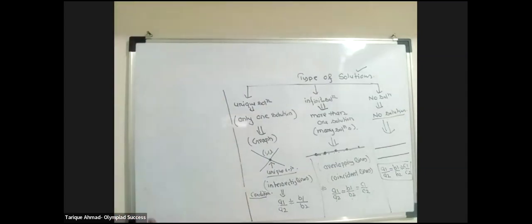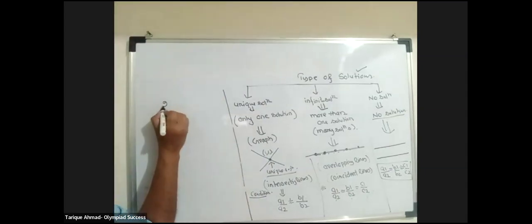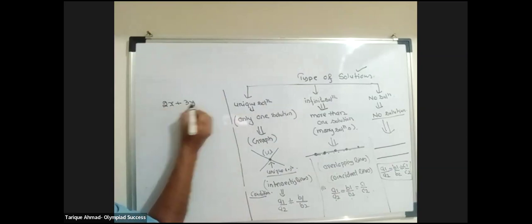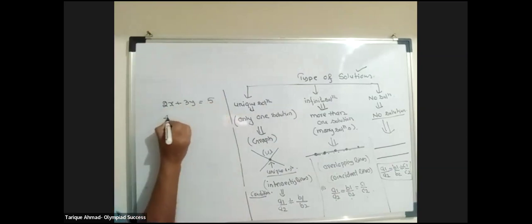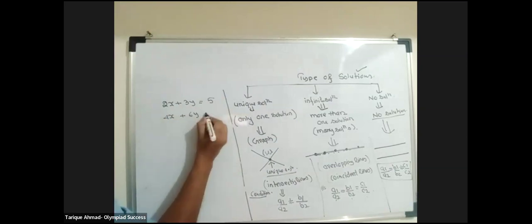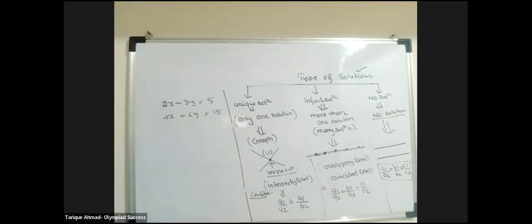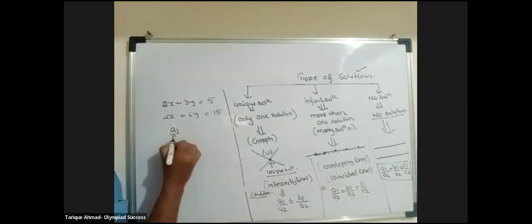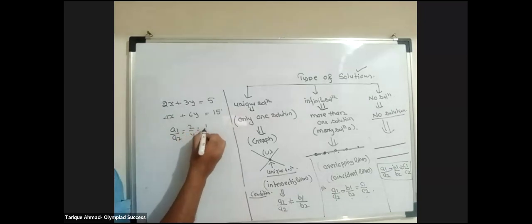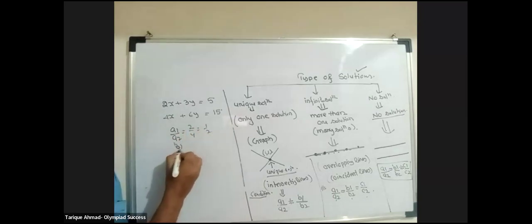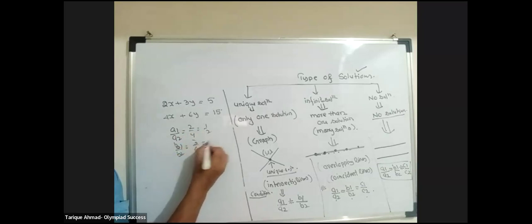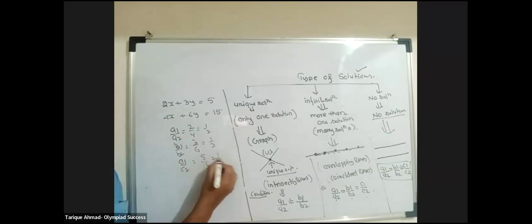Now coming to no solution. 2x plus 3y equals 5, 4x plus 6y equals 15. Find out. No solution, correct? a1 by a2 is 2 by 4, 1 by 2. b1 by b2 is 3 by 6, 1 by 2. c1 by c2 is 5 by 15, 1 by 3.